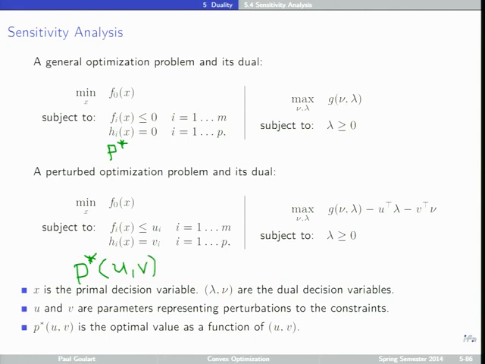Okay, so it's the value of the primal problem that I get when I adjust the right-hand sides by the amount u and v. And so what that means is that the value of the original problem is p star of 0, 0. Okay, and so now what I want to know is how does p star change as I manipulate u and v? And the dual optimal solution will tell me at least partly the answer to this question.